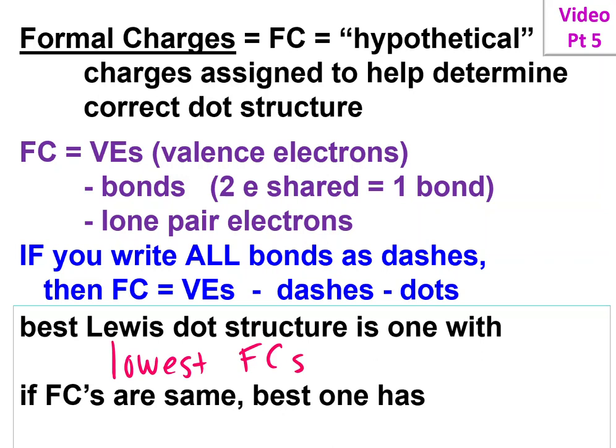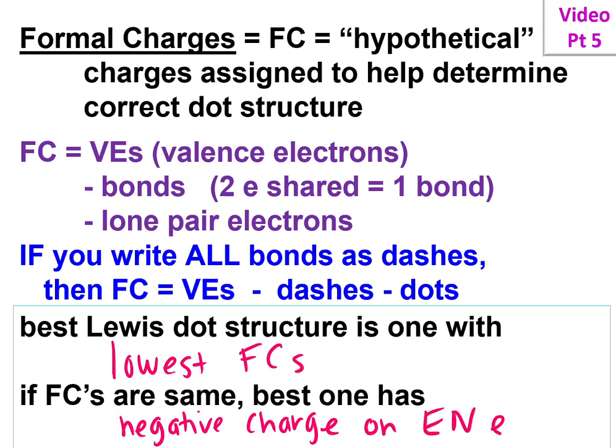And if the number of formal charges on the two molecules are the same, then the best one will have a negative charge on the more electronegative element, which makes sense.